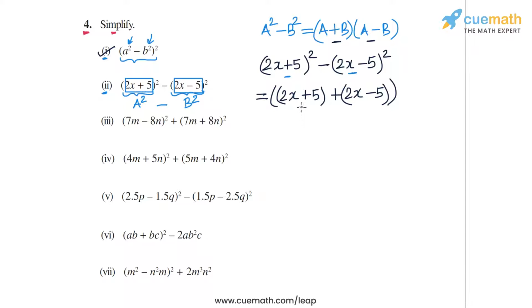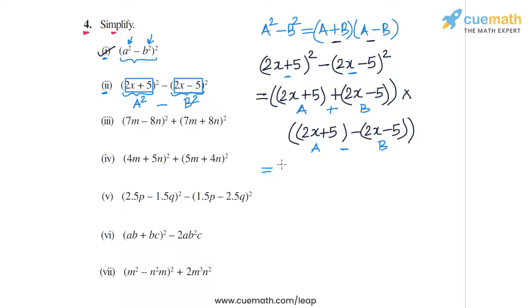To make sure that you're understanding this, I will write a and b below these brackets. And then the second part of the product will be a − b. So let's write that also. a − b will be 2x + 5 − (2x − 5). And this whole thing will be the second part of the product. So 2x + 5 is a, 2x − 5 is b, so a − b. So the first part of the product is a + b, the second part of the product is a − b. And now we can simplify this quite easily.